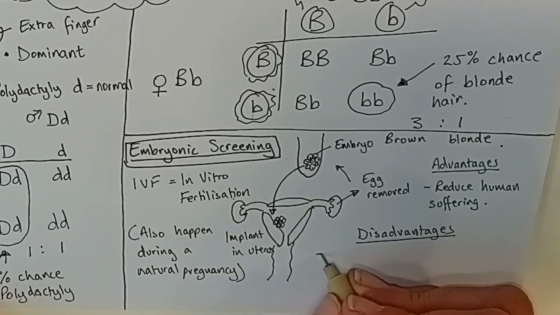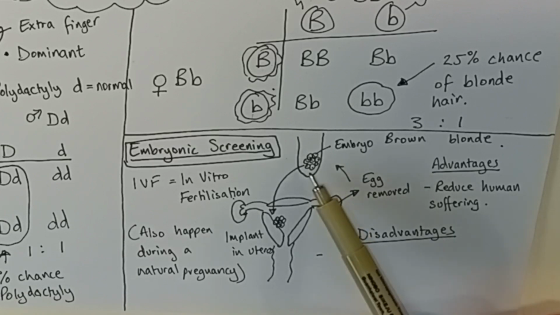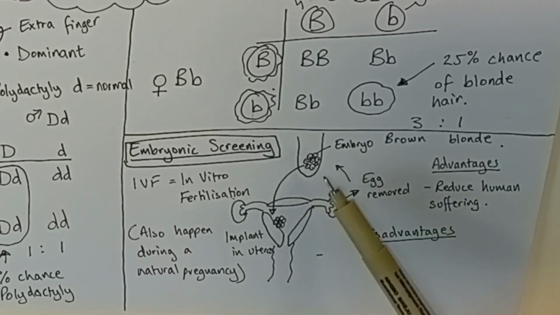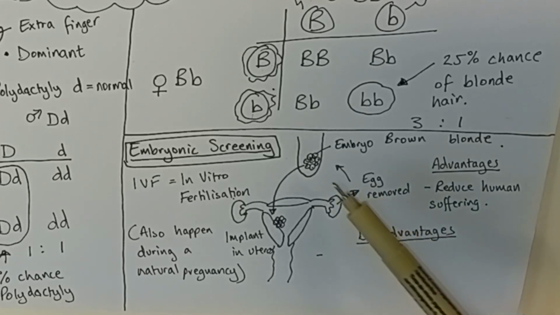For a start, if you have the embryo tested and it tests positive, let's say for cystic fibrosis, and then you don't have that embryo implanted, so you choose a different embryo and that one gets destroyed, then you are implying that cystic fibrosis is undesirable.